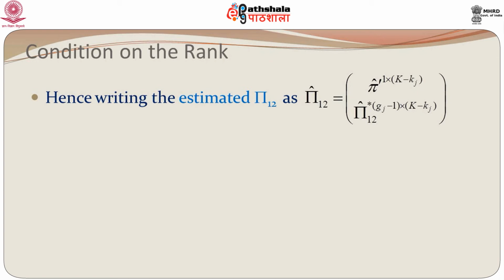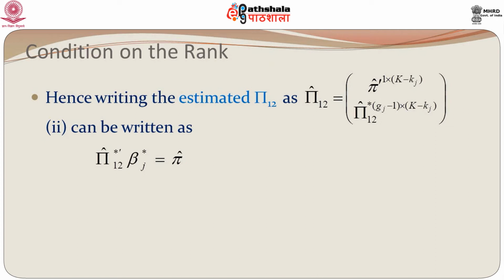If we break up pi 1 2 hat this way, then we end up with pi 1 2 hat star prime beta j star is equal to pi hat.